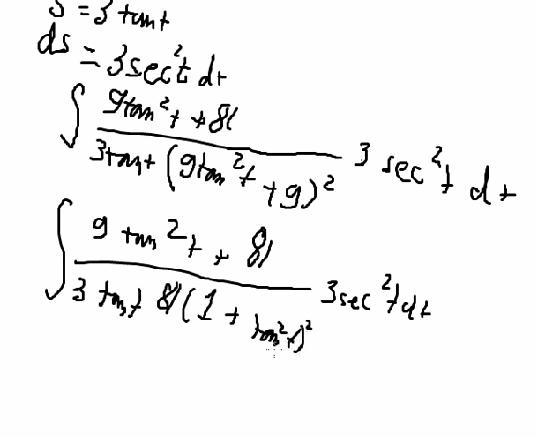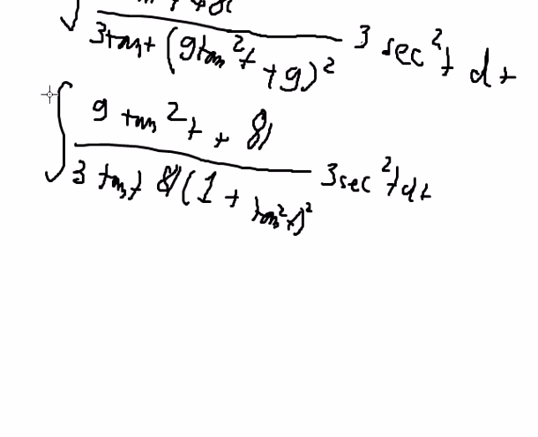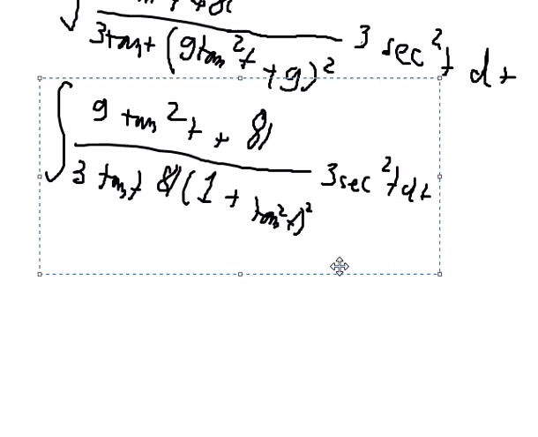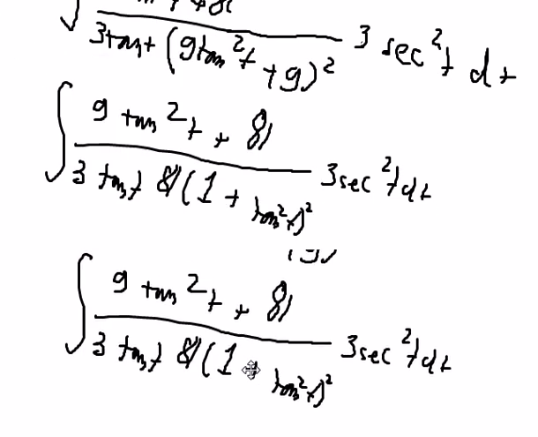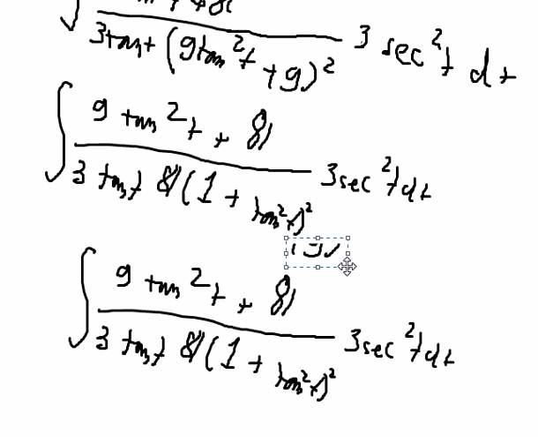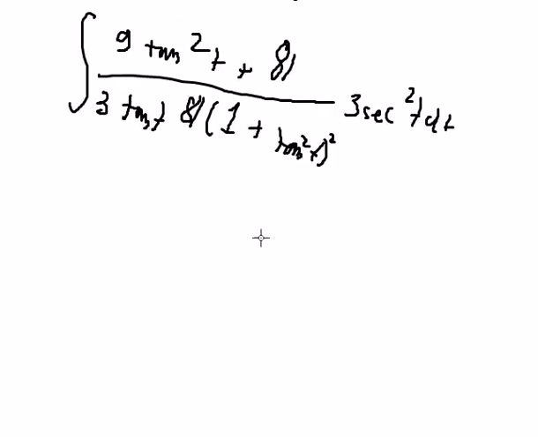This one we change for secant of t square. So we have secant of t square in here, we cancel.